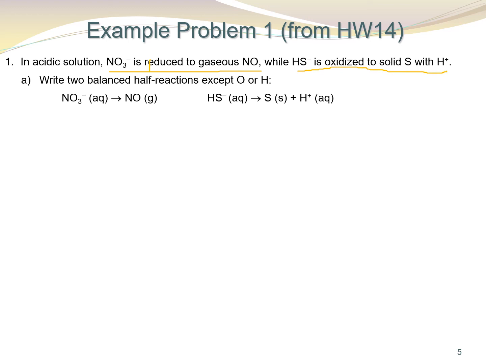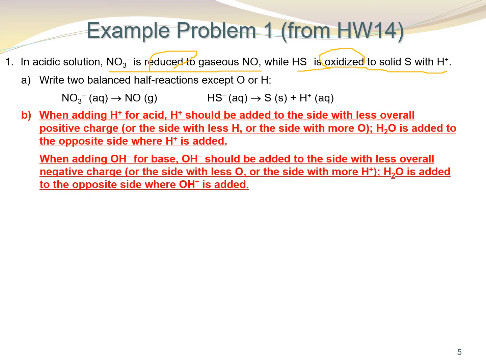Although this already tells us what kind of process we have for each reaction, later on we can check whether they are correct, because eventually we're going to add electrons on one side of each half reaction. We will know whether the species nitrate is reduced, HS minus is oxidized. Next question.